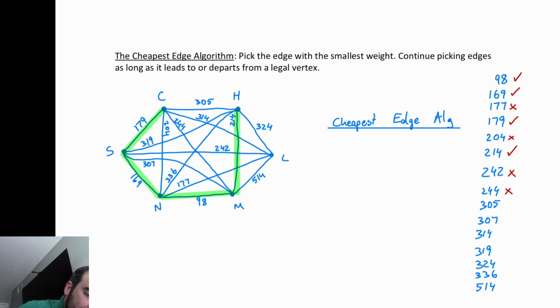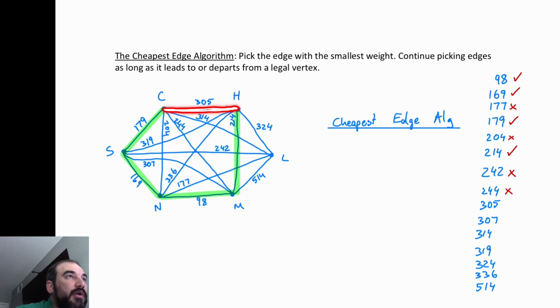The 305, so 305 seems available, but if I included 305, this edge that connects C and H, we actually run into a different issue.